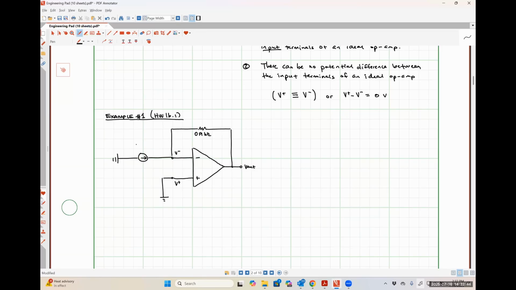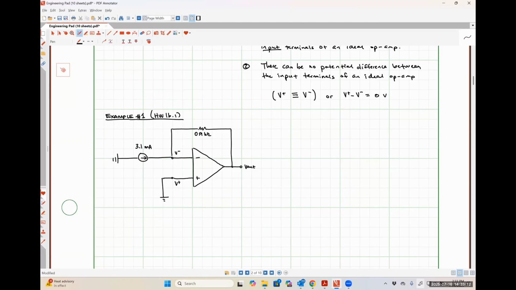And let's make this 3.1 milliamps. So our ultimate goal here is to determine what the output voltage is for this particular circuit. And once we figure this out, I'm going to make a couple of additions to this circuit specifically so that we can see how they impact things.